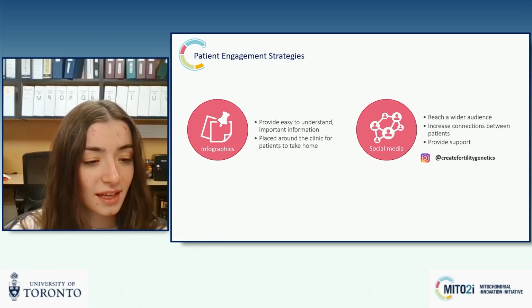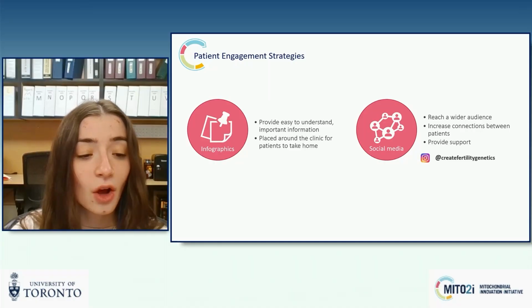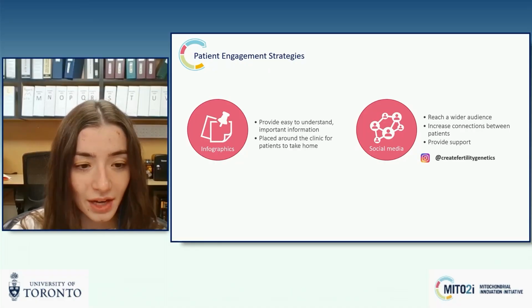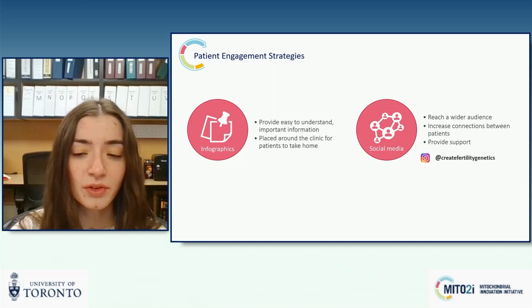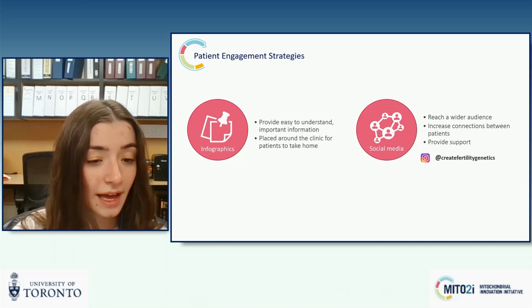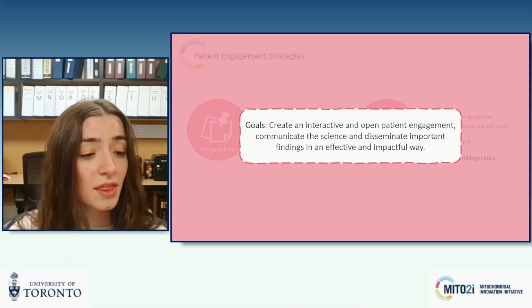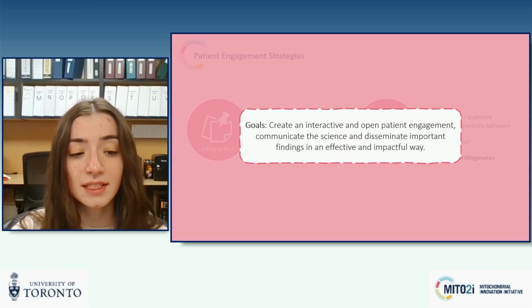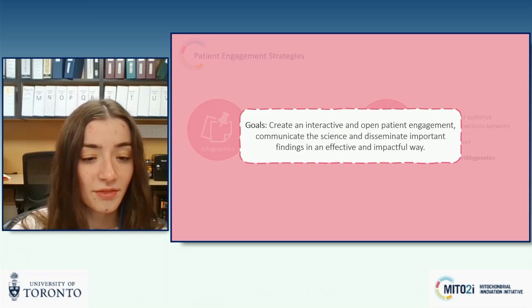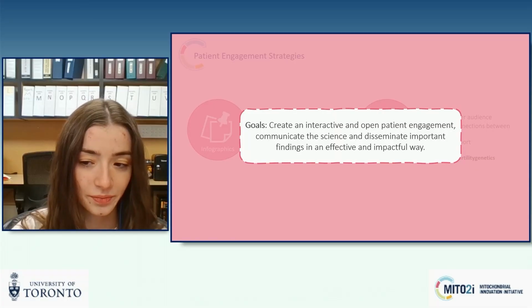And implementing a social media strategy can also help to increase the connections between individuals struggling with the same conditions and provide a safe space for meaningful dialogue. The main goals with these two strategies are to create interactive and open patient engagement to effectively communicate the significance of the science and disseminate important findings in an effective and impactful way.